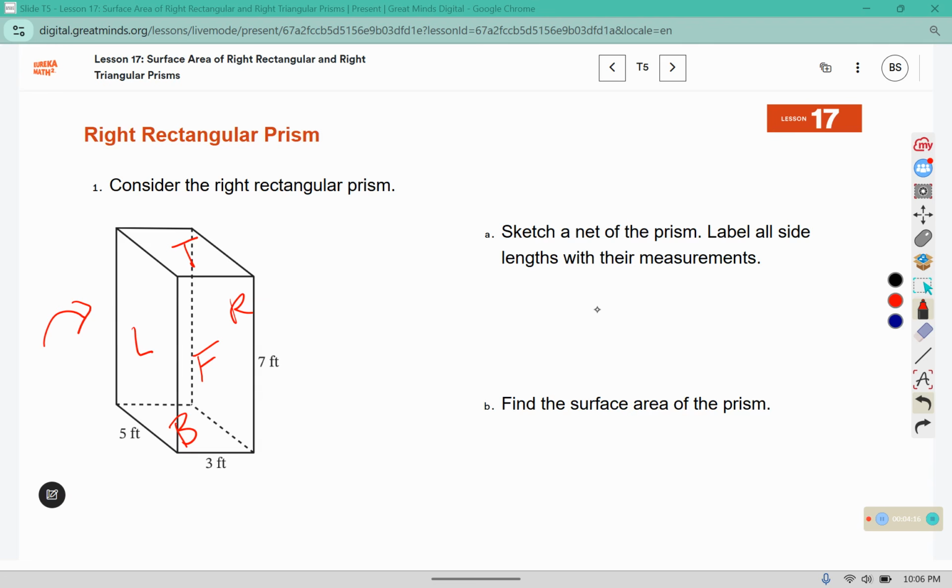So the front is a 7 by 3. Connected to the front, we have the right side, which is 7 tall, but it is 5 wide. We also have the left connected to the front. It is 7 tall and 5 wide.